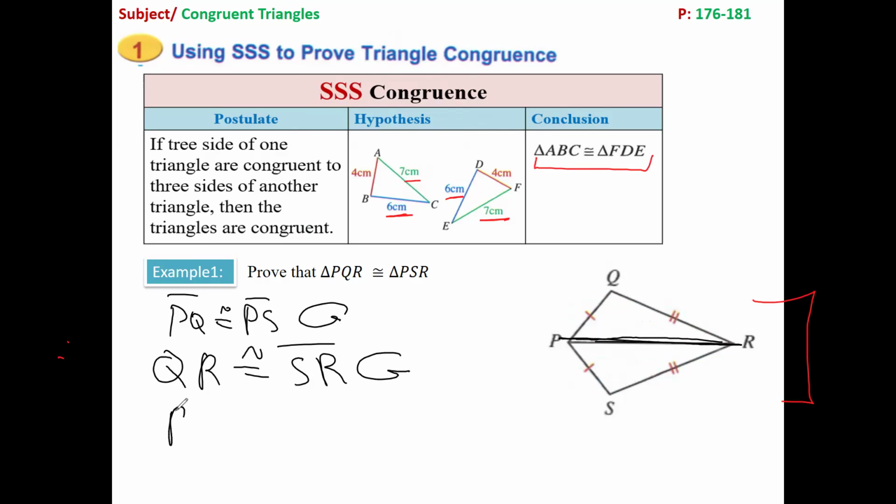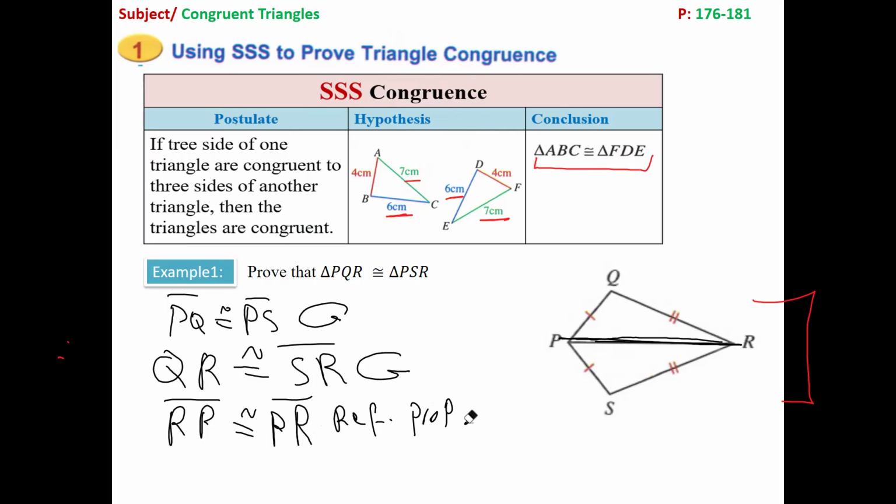So in this case I can say RP is congruent to PR. Why? Because of the reflexive property. No need to write it all out. Done.